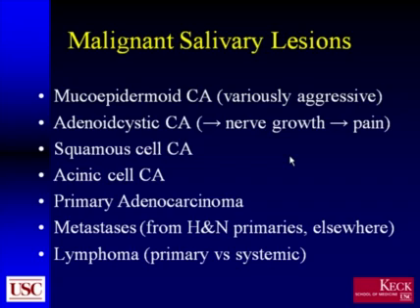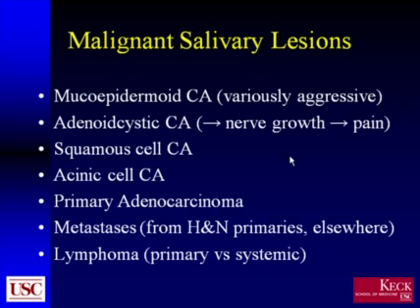The most common would probably be mucoepidermoid carcinoma and adenoid cystic carcinoma, as well as, in the older population, squamous cell carcinoma. Interestingly enough, mucoepidermoid CA tends to be aggressive in some cases.